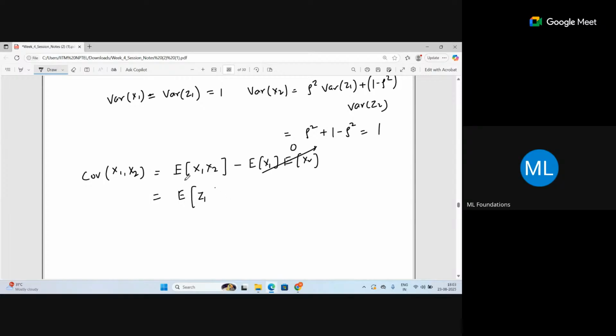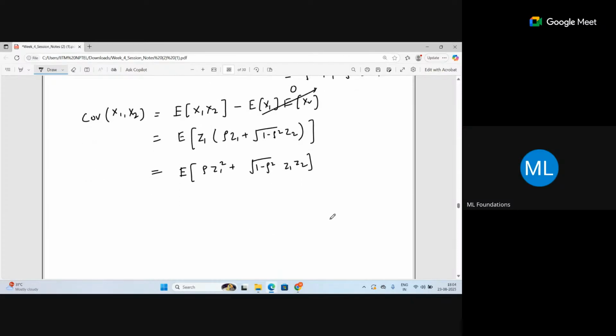So now, x1 is equal to z1, and what is x2? x2 is equal to rho z1 plus root of 1 minus rho square z2, right? And if I multiply this, it will become rho z1 square plus root of 1 minus rho square z1 z2, correct?